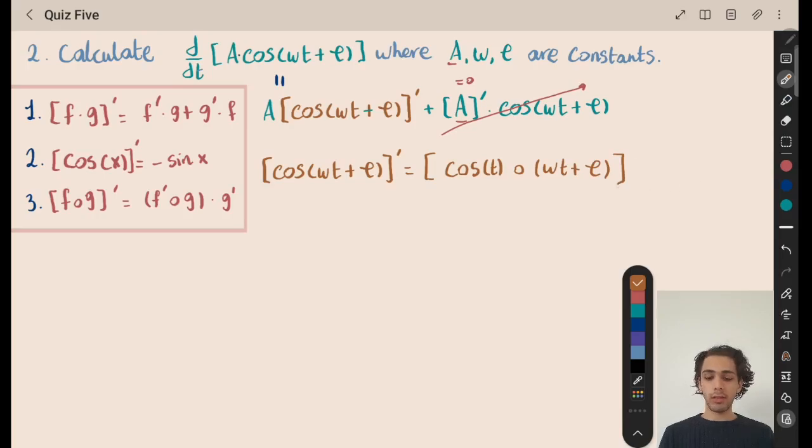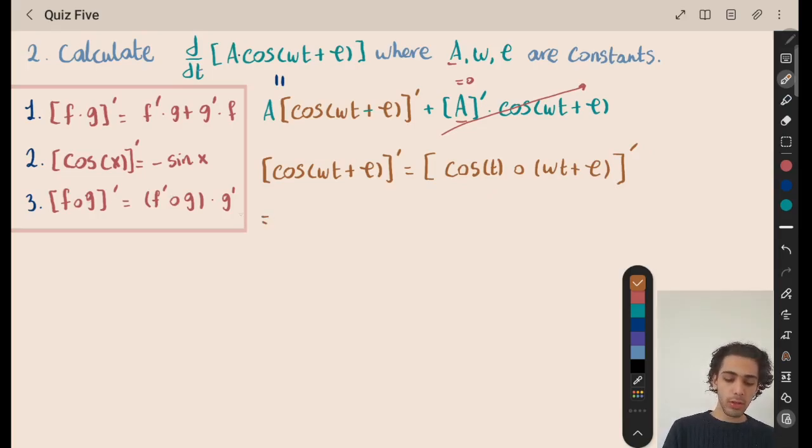What this means is you plug this into that, so this is effectively cosine of omega t plus phi. And if we're taking the derivative, then it's number 3.